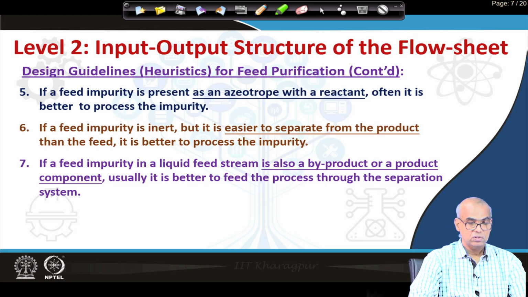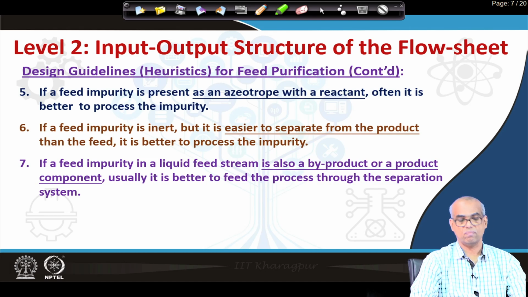So, these heuristics or design guidelines are available, which will help us decide whether we should separate the impurity from the feed, that means remove it, or we can actually process the impurity with the feed.